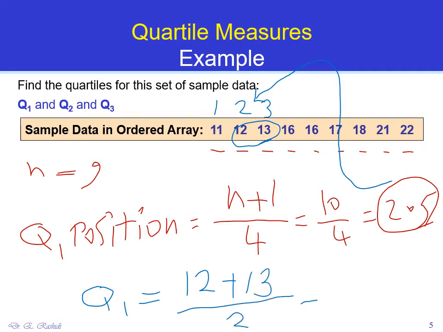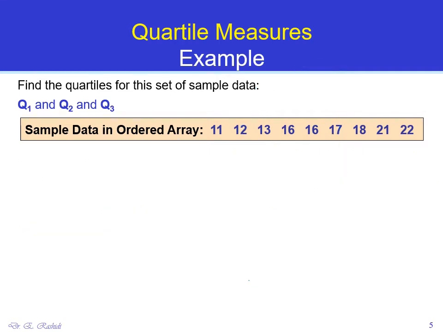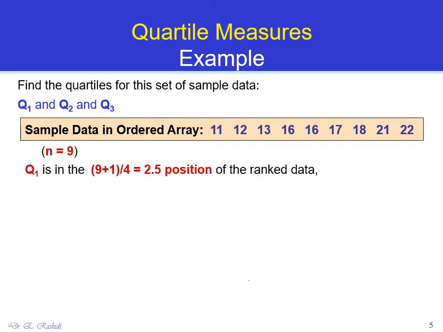This is the average of the two, which is 12.5. So 12.5 is our first quartile. We have 9 numbers, and the first quartile position is 2.5, and that would be 12.5.